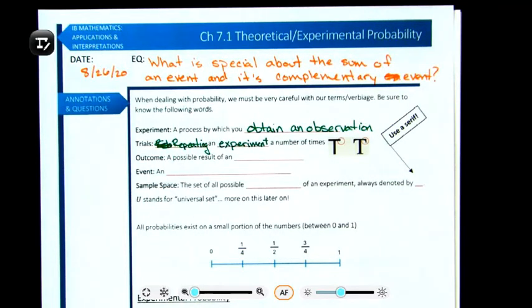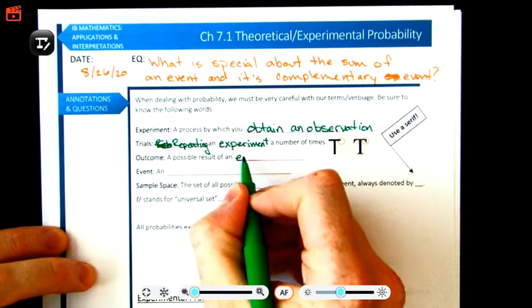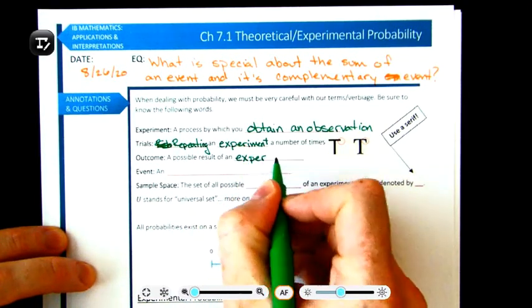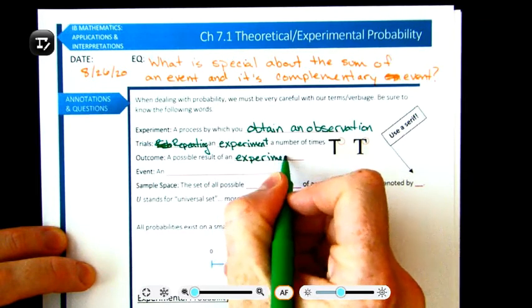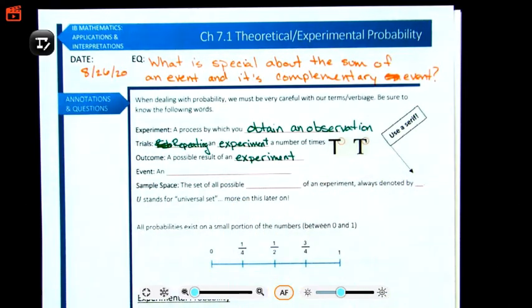An outcome is a possible result of an experiment. That kind of makes sense. That definition kind of fits with whatever you probably already knew about the word outcome. An event is an outcome or set of outcomes. So if you're only going to do one trial, then that was one event, so you only had one outcome. But if you do a series of trials, then the event are all the possible outcomes that have happened.